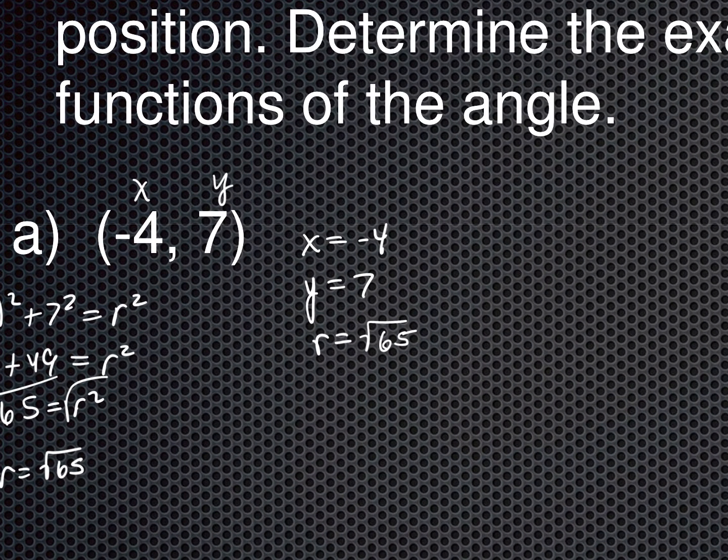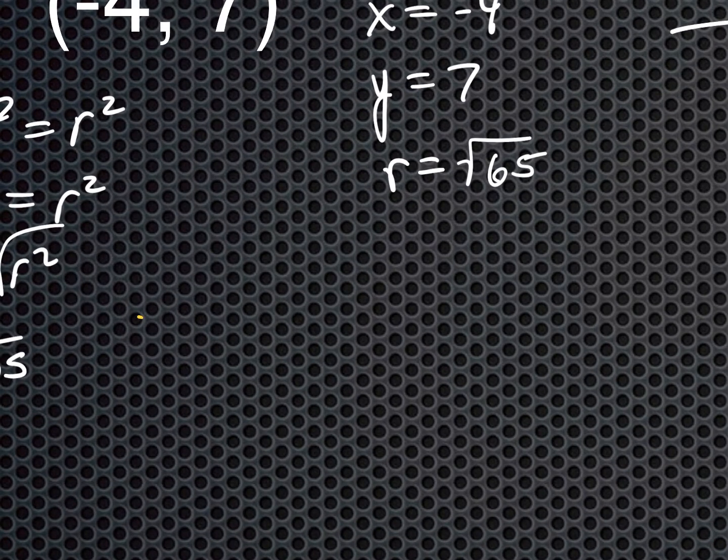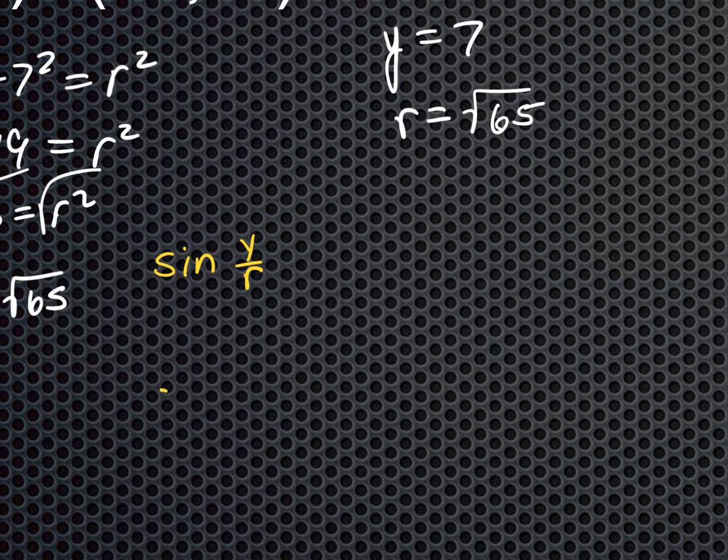If you had to have a mental picture, where is this point, negative 4, 7? It's over here in the second quadrant, right? So your angle is something like this. All right, no biggie. But it's in the second quadrant. So now that you have your x, y, and r values, you can find all 6 trig functions. Sine, write yourself a little note, y over r.